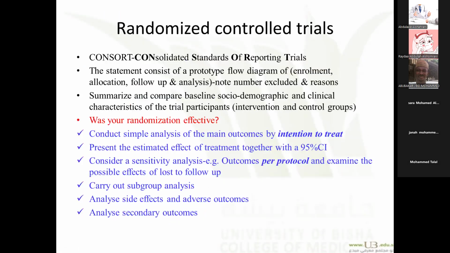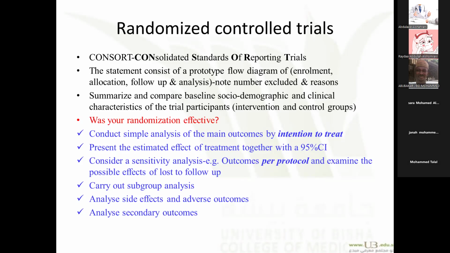Right. So, what about clinical trials? Because we have different types of trials: randomized control, non-randomized control, as the case may be. So, the first thing we do, in randomized control trials, is we adopt the CONSORT reporting system, which is the Consolidated Standards of Reporting Trials.